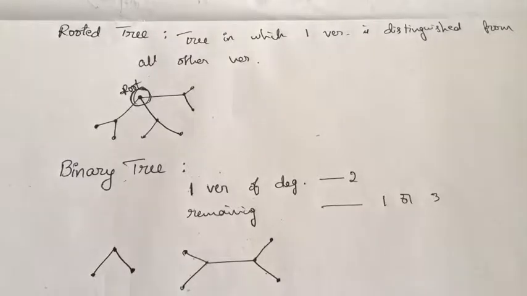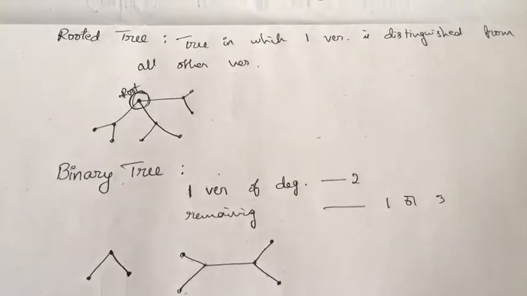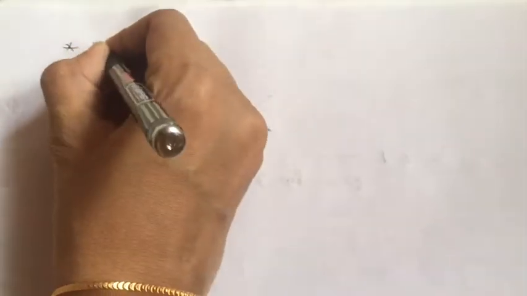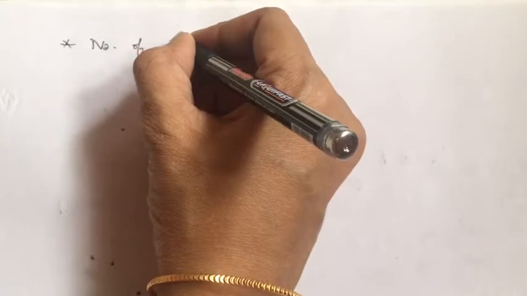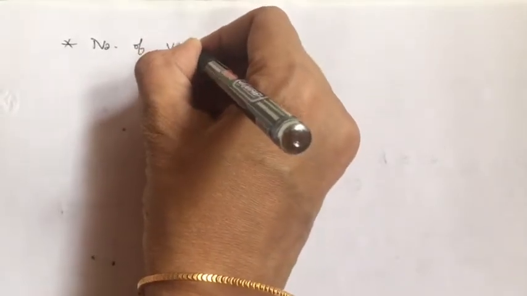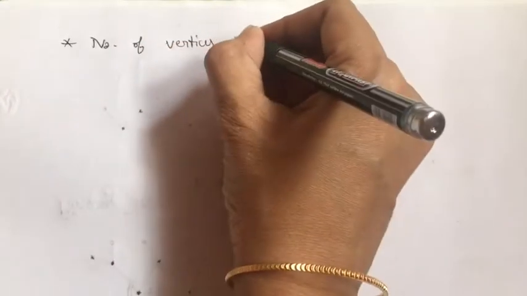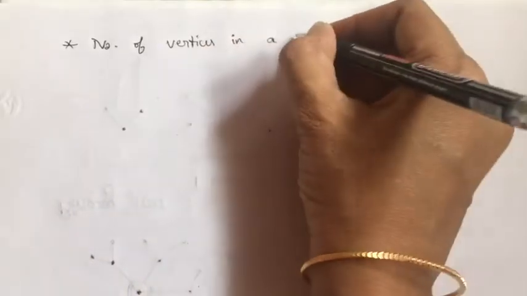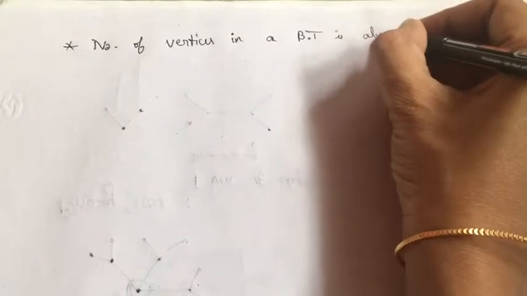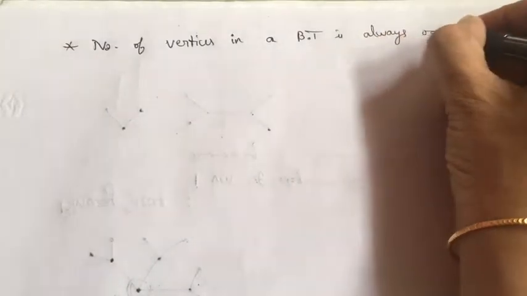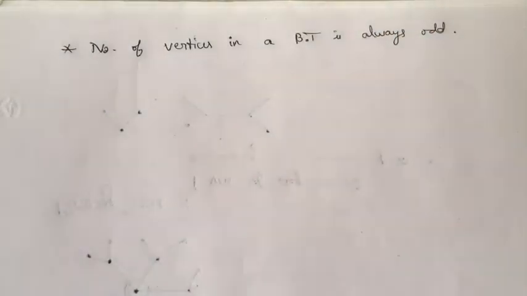We can observe a few things in binary trees. One such thing is that the number of vertices in a binary tree is always odd. Why?